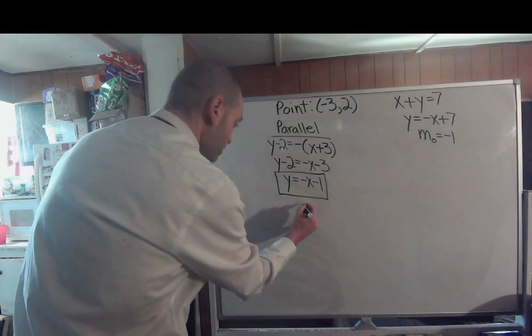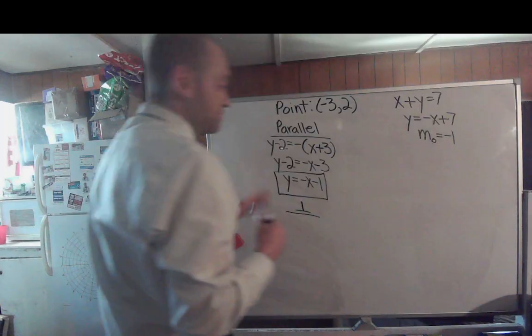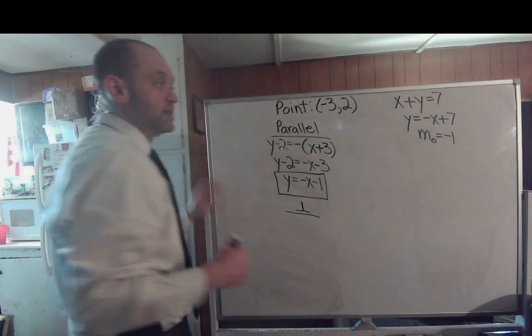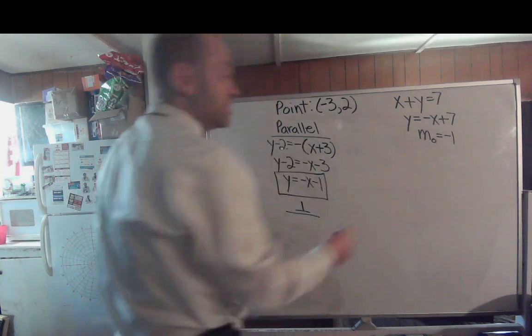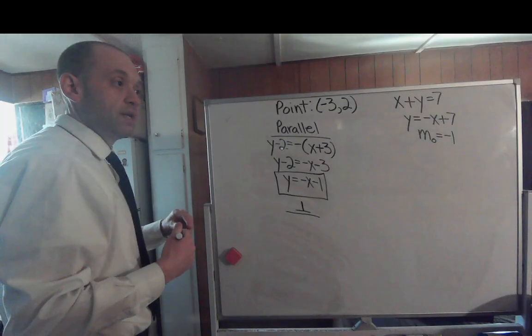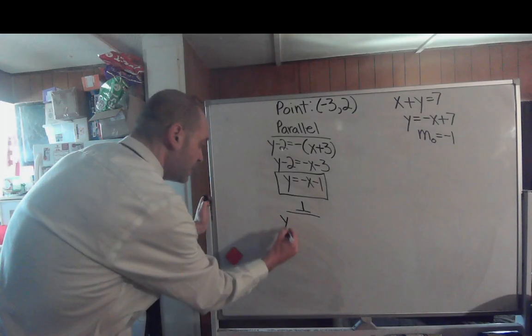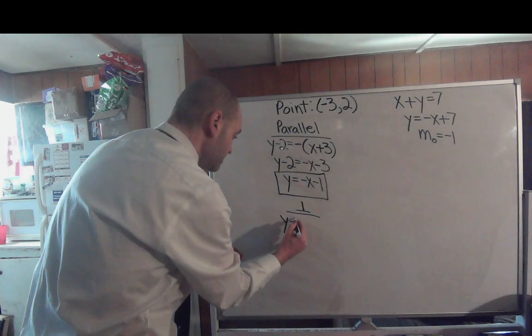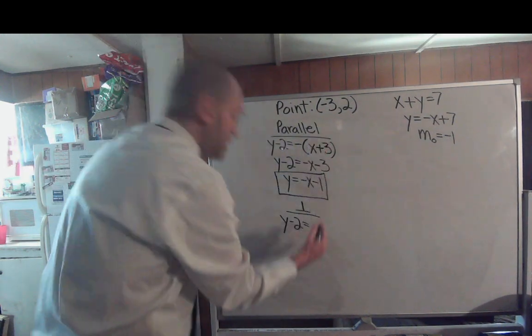Now let's find a perpendicular line. Well, the perpendicular line has to have the negative reciprocal of the slope of the original line. The negative reciprocal of negative 1 is positive 1. So this would just be y minus your y sub 1 of 2 is equal to positive 1 times the quantity x minus negative 3.